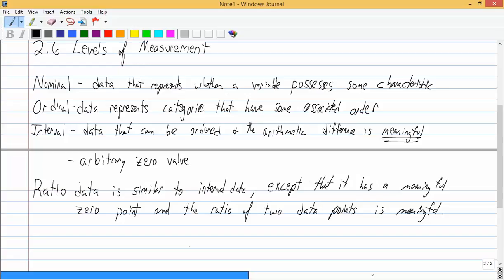They have to be 0 or greater. And so things like ages, things like salaries, those are usually considered ratio data. Okay.